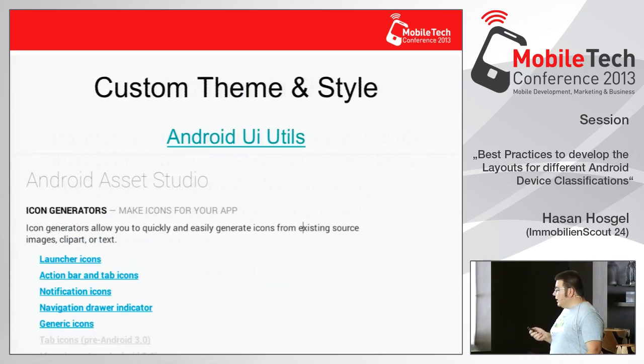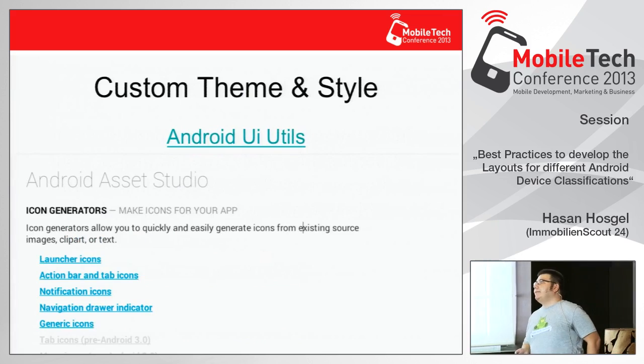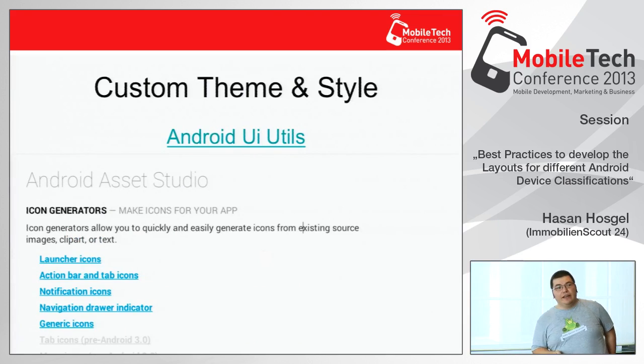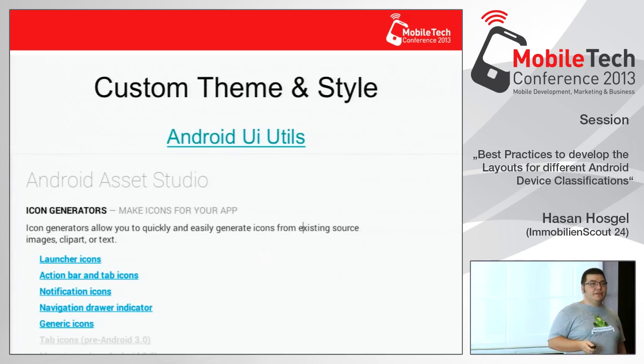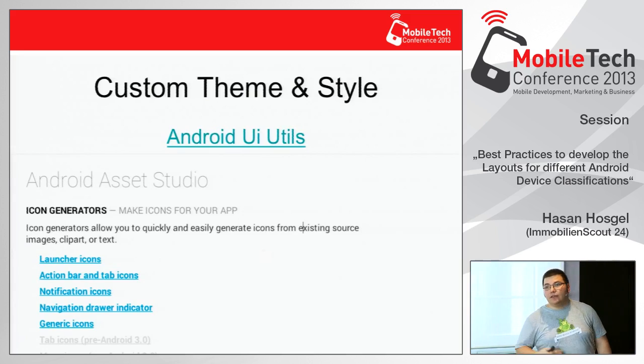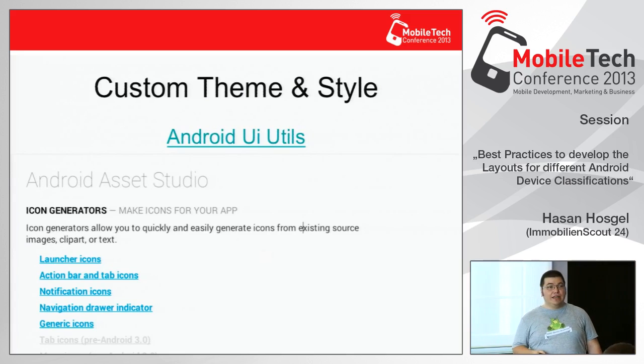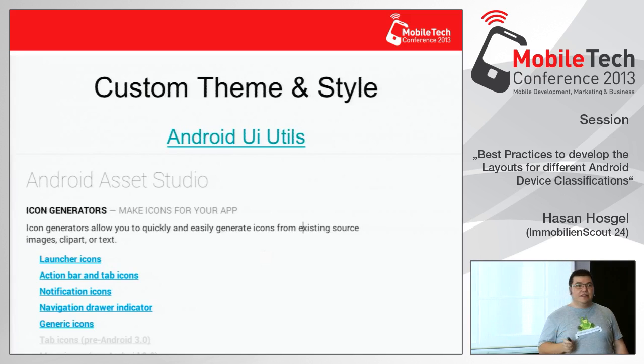Then more about custom theme and style. Remember, Nuri created a page with Android UI Utils. There are a lot of helpers to create launcher icons. There are some generators, also a simple generator for 9 patches. It's always worth looking there.